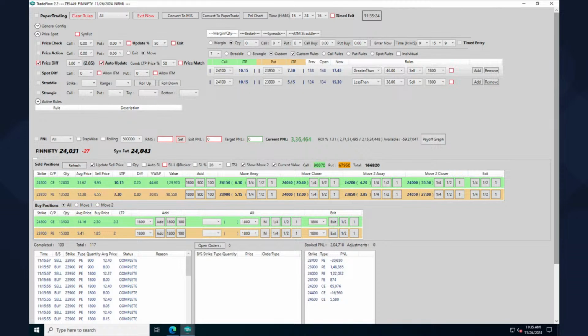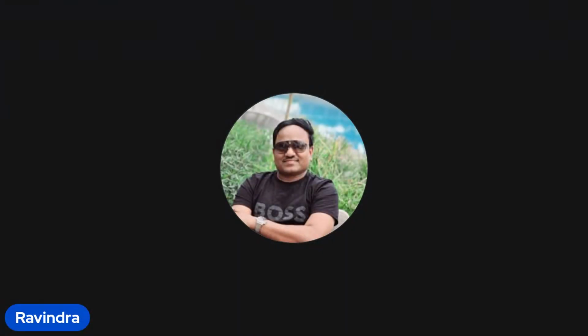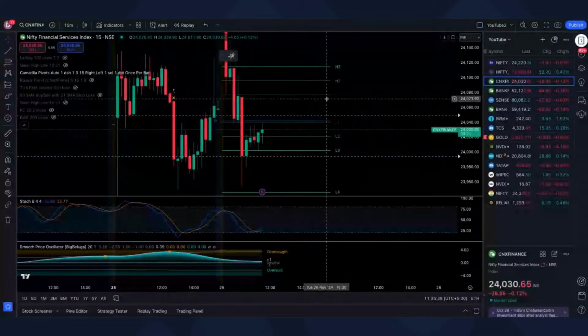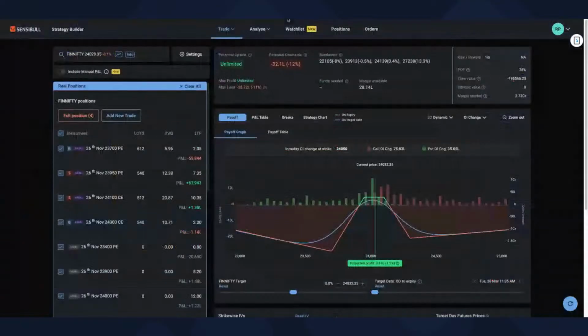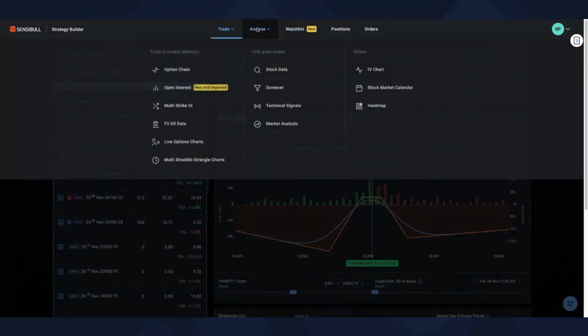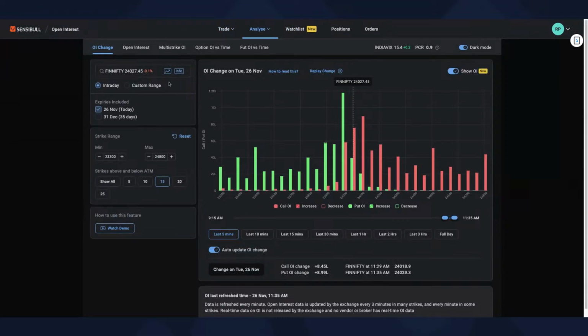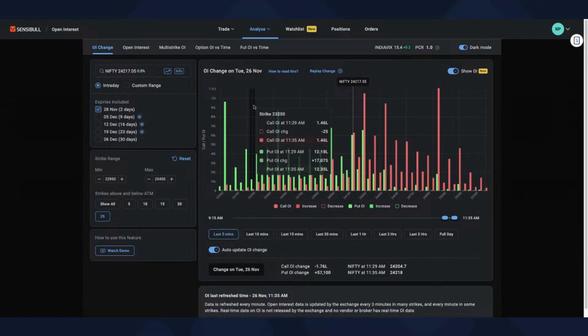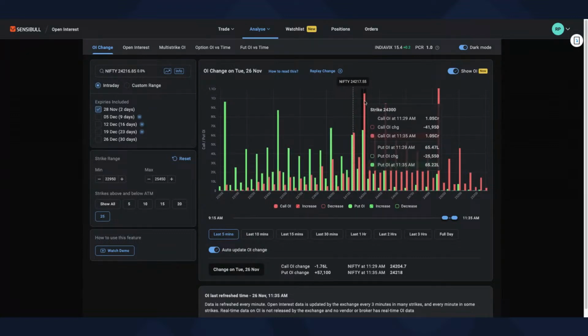Let me take you through something which is interesting. Let's look at Nifty, you have expiry, right? If you look at the open interest for Nifty expiry, it shows 24,300.